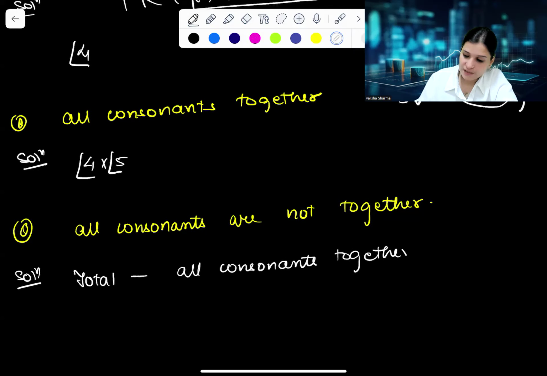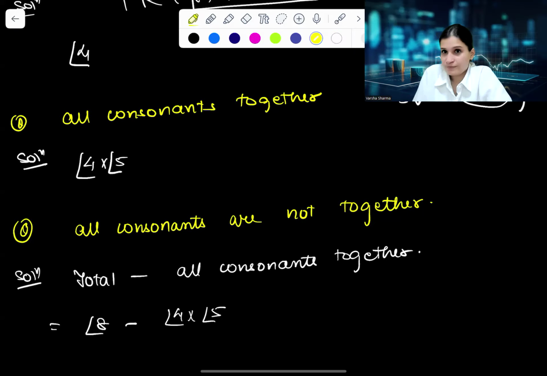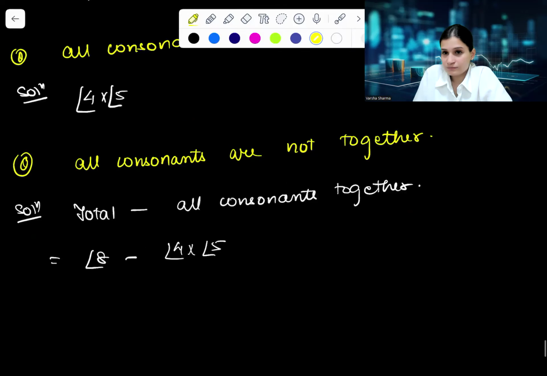Total is factorial 8. And when all of them are together, I don't want that case, so I'll remove it. How many cases are there? Factorial 4 into factorial 5. I'll remove that case. Understood? Yes, ma'am.